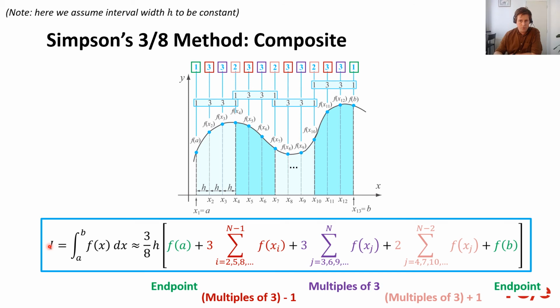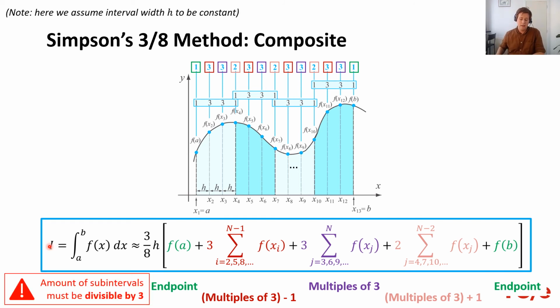Again, similar to Simpson's 1/3 method, which required the amount of subintervals or the amount of points to be even, here it's required that this amount of subintervals, where a subinterval is actually such an interval here, the total amount has to be divisible by 3.